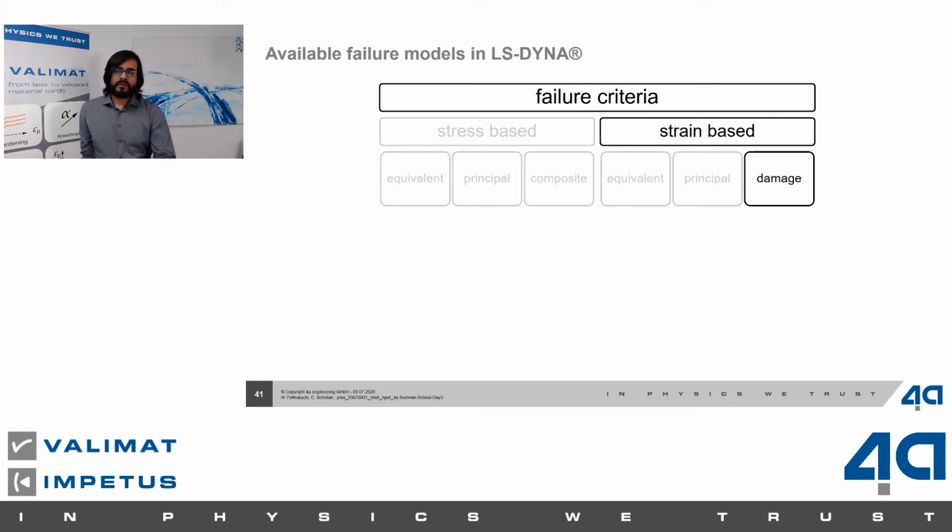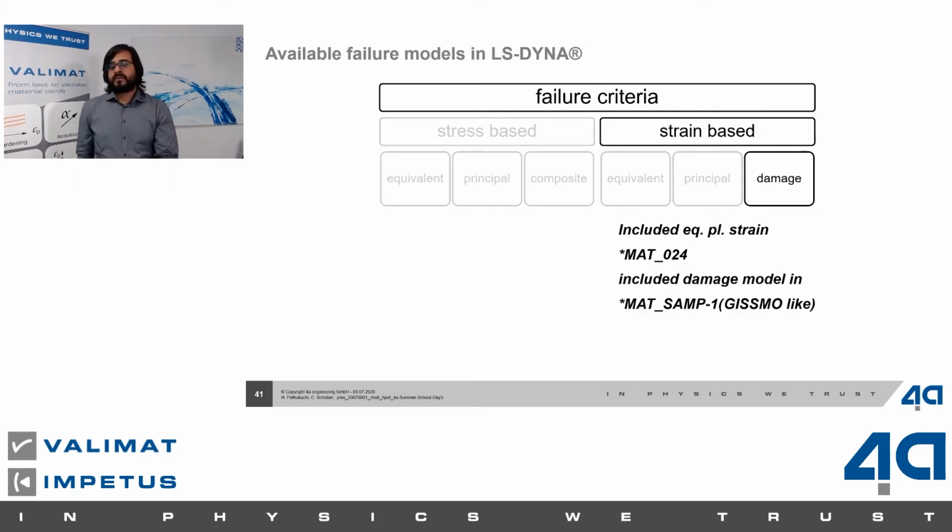So if we go further, with the strain-based criteria we have varying levels of complexity. The first one that comes to mind is the equivalent plastic strain that is already included in the MAT24 material model.